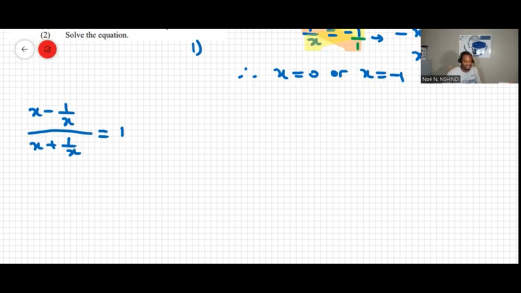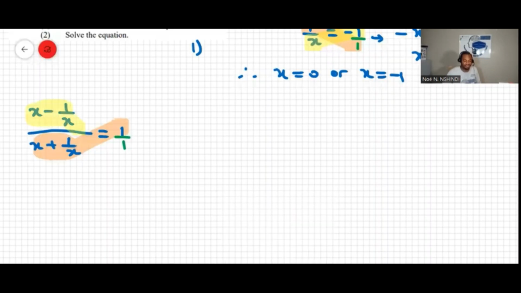Now 1 here is like 1 over 1. So we can multiply this denominator by 1, and the other numerator also by 1. So this will make x plus 1 over x equal to x minus 1 over x.